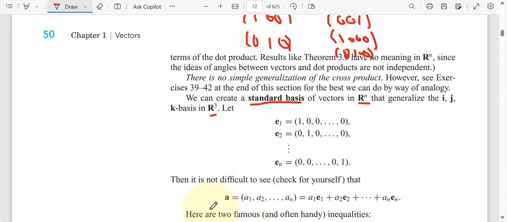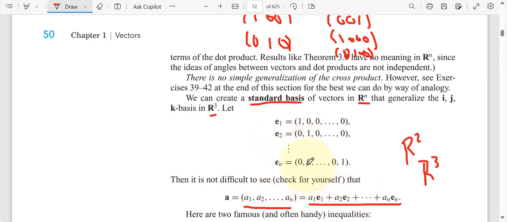And just like before, we could write A in terms of the standard basis vectors in R2 or R3. Now, with the standard basis vectors for Rn, if A is in Rn, we can use the same thing to write A in terms of them, just like we wrote it in terms of i, j, and k.